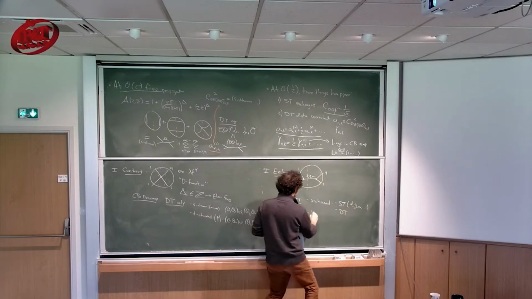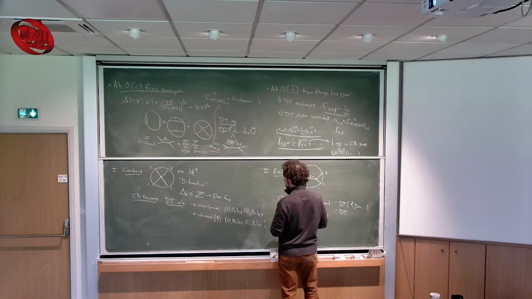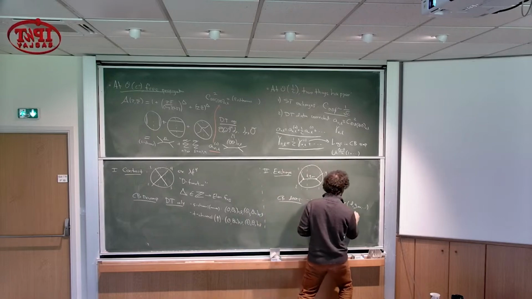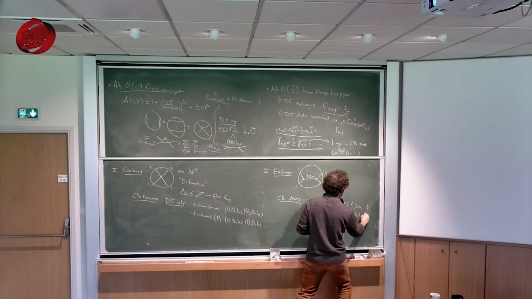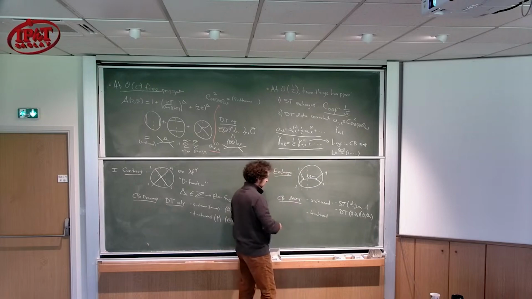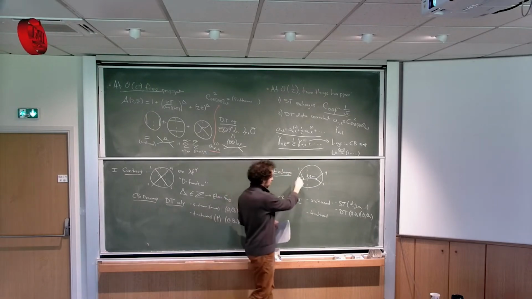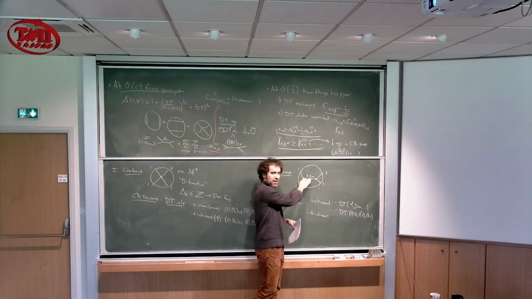Okay. Whereas in the T channel, these double traces are, again, O1, O2, and O3, O4. In the T channel, though, you don't get a single trace. I've drawn the diagram to emphasize this. And if you were to cut this way, you don't cut through this line.